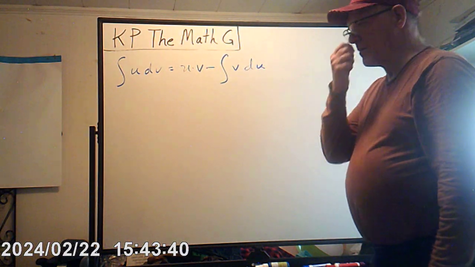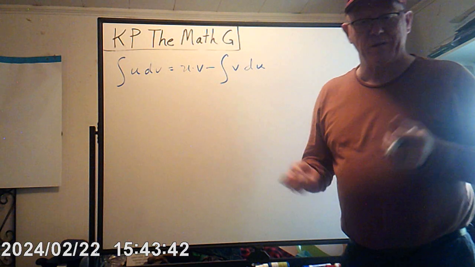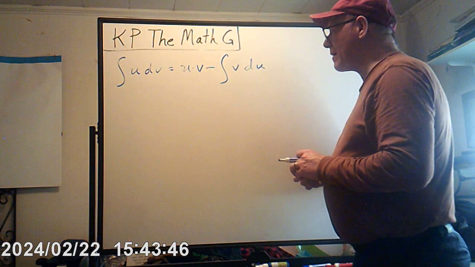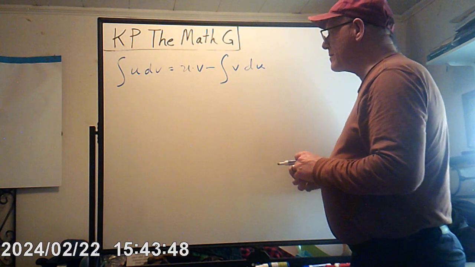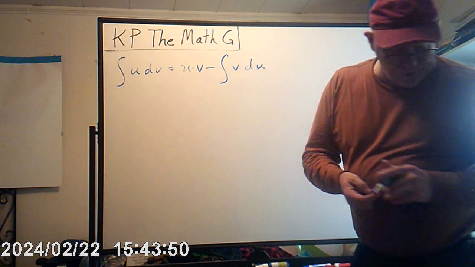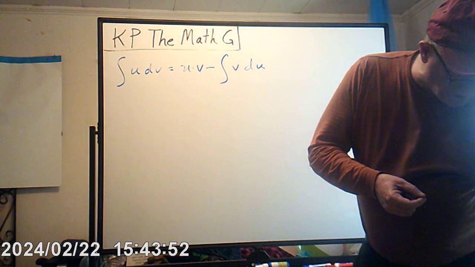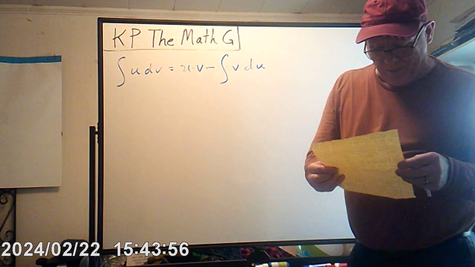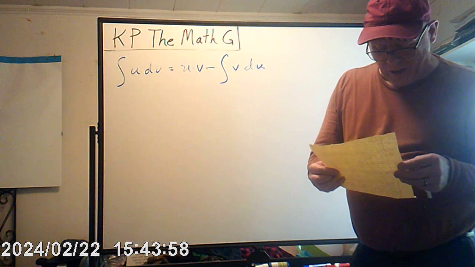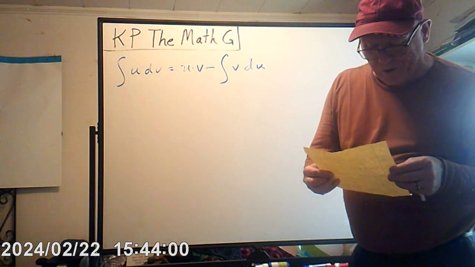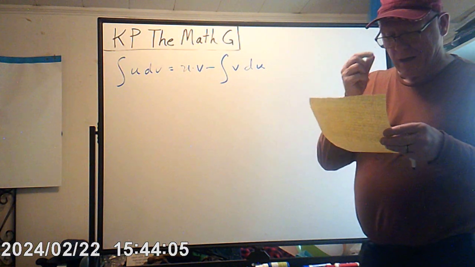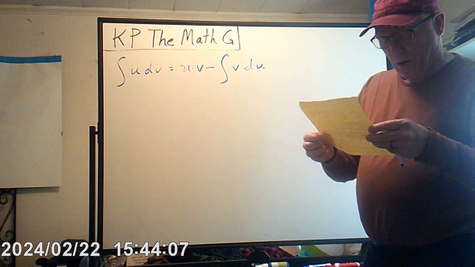It's like the power rule if you want to look at it that way. Let's look at one more problem and then I'm going to stop. There are actually two ways to do this problem, so let me show you both ways.